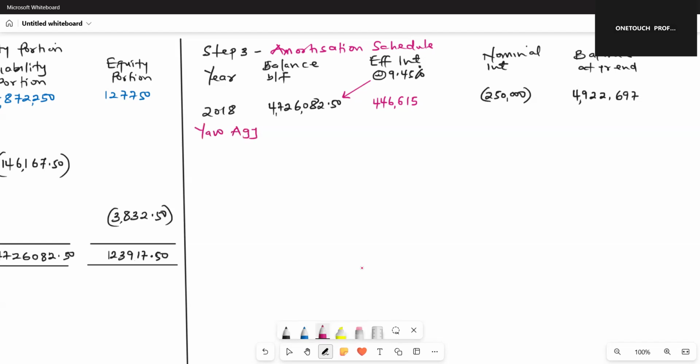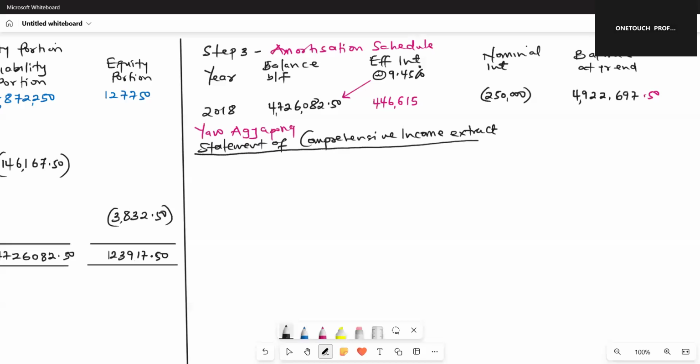So your statement of comprehensive income extracts, for the year ended 30th September 2018.